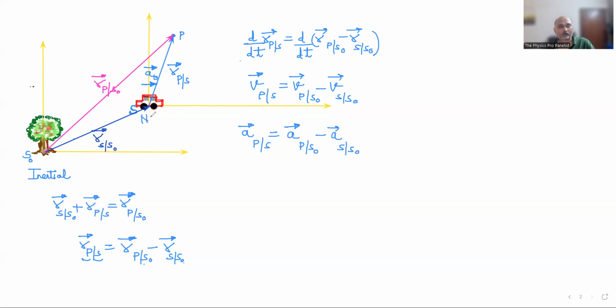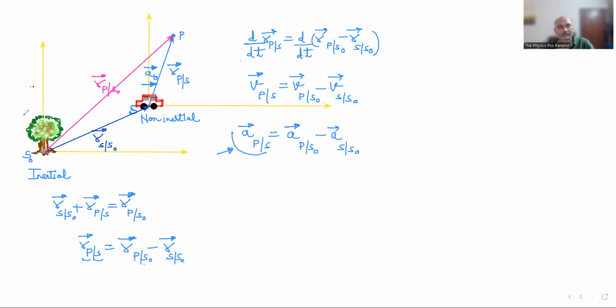This frame was a non-inertial frame, right? Now tell me, what is this? This is acceleration of P with respect to the non-inertial frame. Yes or no? Yes, sir.